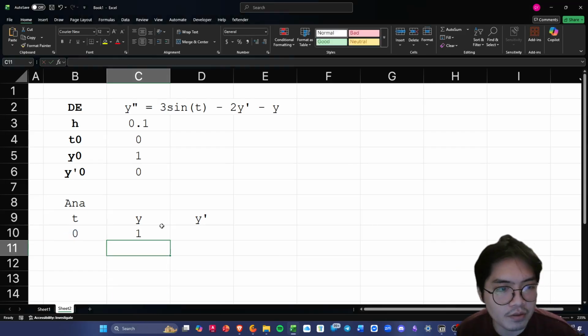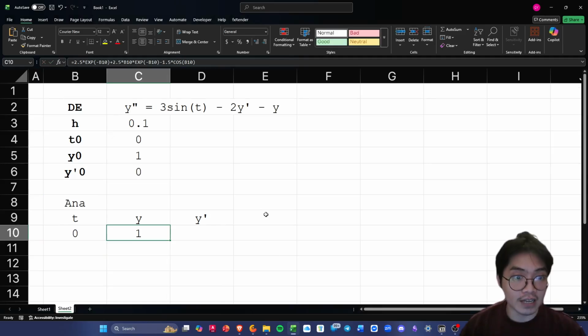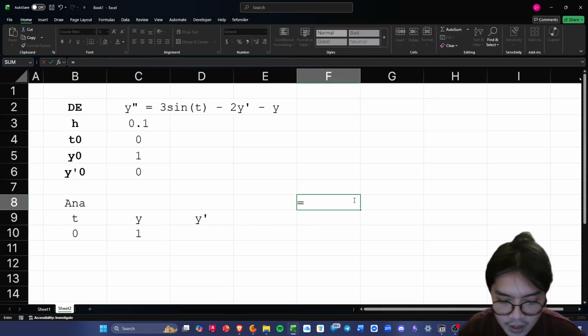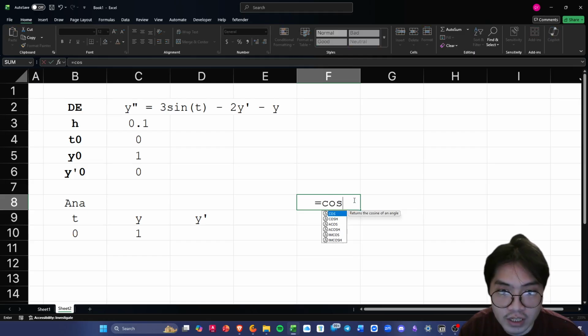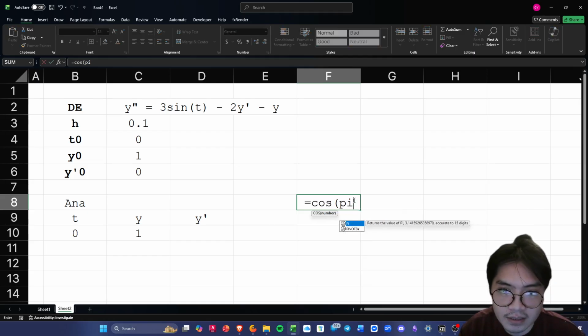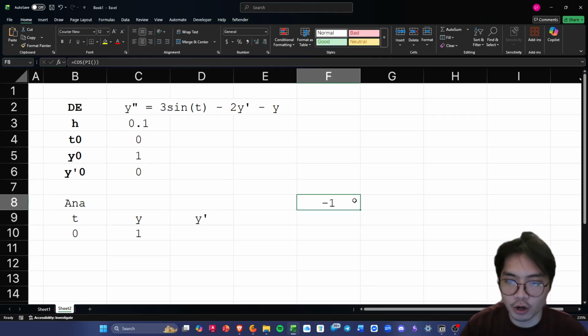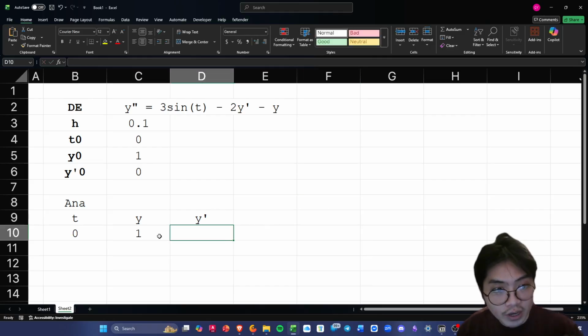Now, we're going to have to find out if cosine uses degrees or radians. Let's try out cosine of 90. Okay, that's not it. If we try cosine of pi, okay, there you go. So this works in radians, which is correct.